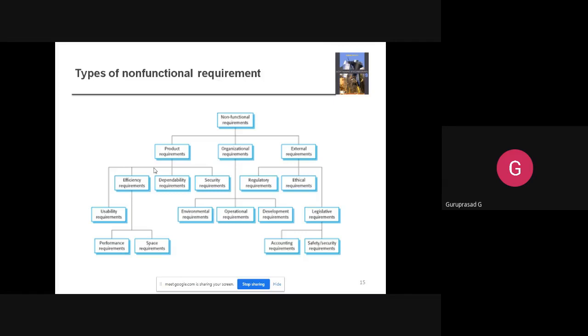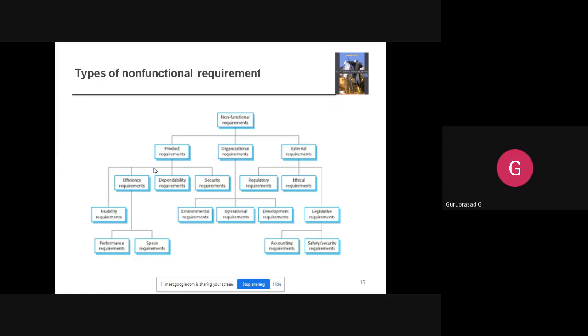Now, today's class will continue with the classification of non-functional requirements. You see, so many requirements are there. The same diagram I have included is there in the textbook. You see the classification: product requirement, organizational requirement, external requirement. When I say product requirement, what does it mean?